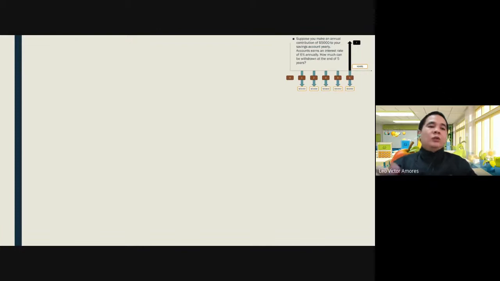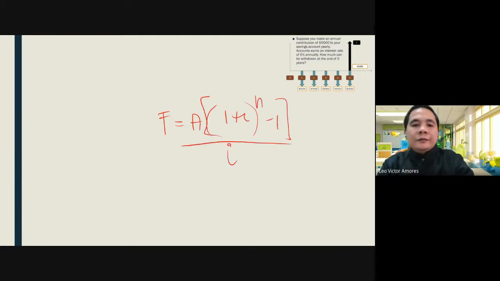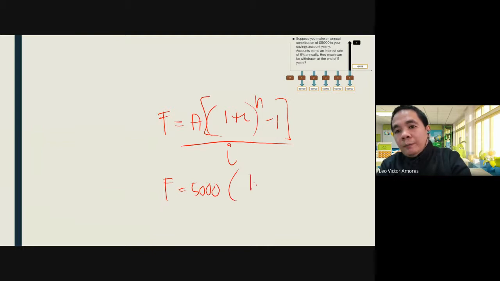Going to the problem, F is equal to A, 1 plus I to the exponent n minus 1 over I. So the future value is equal to 5,000, 1.06 to the exponent 5 minus 1 over 0.06.